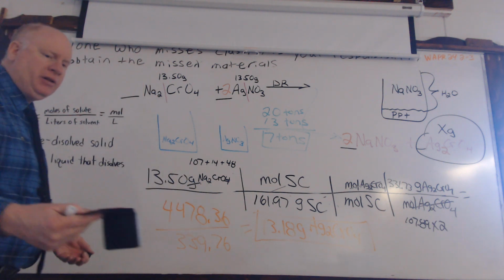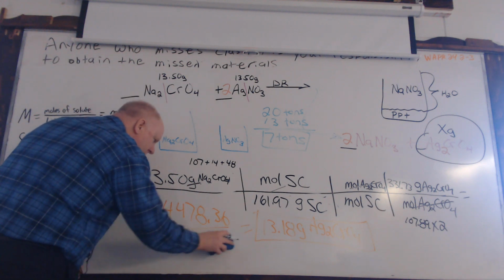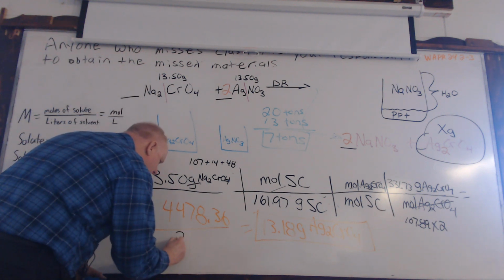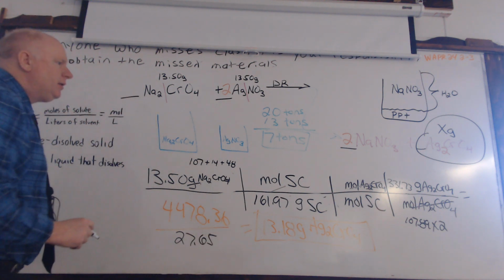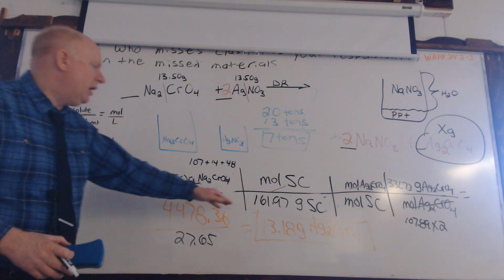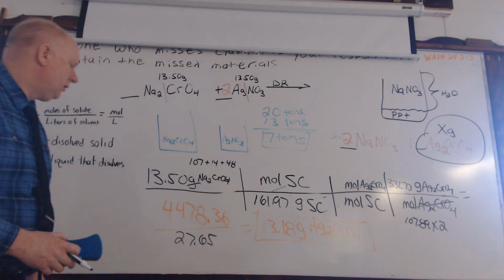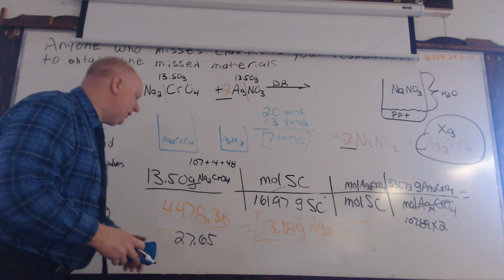So I see you're punching that. 217? 27.65. Because we didn't multiply by 2. So right, but we still have that atomic mass there. Okay, so when we divide that into there, we get 27.65.